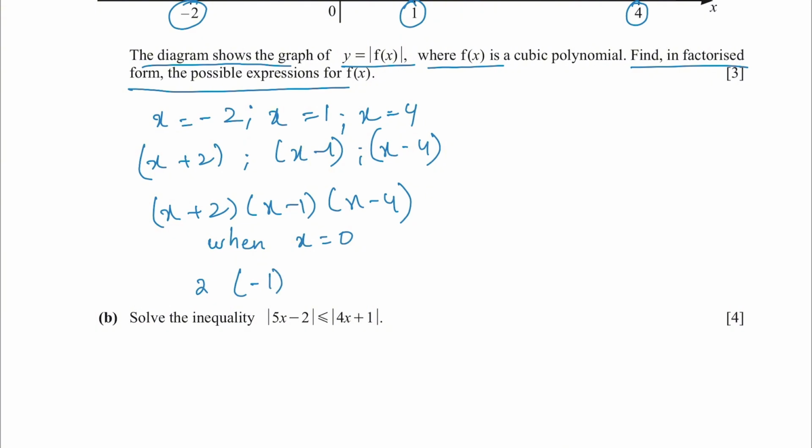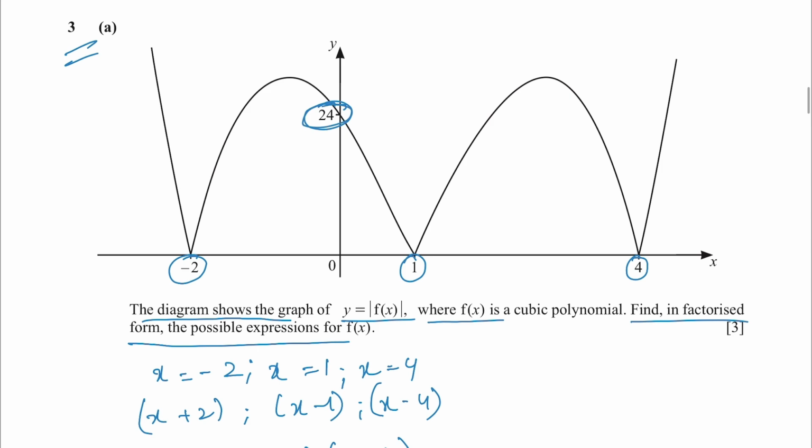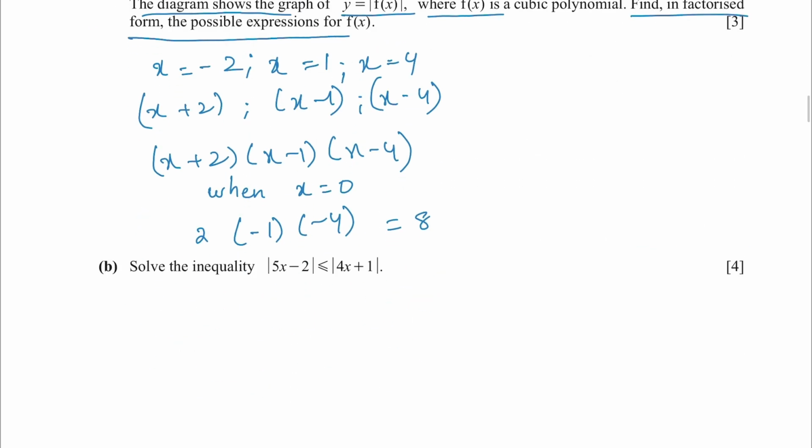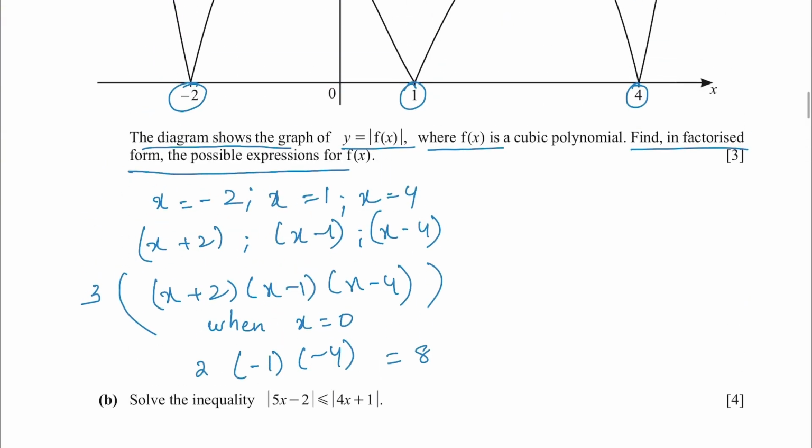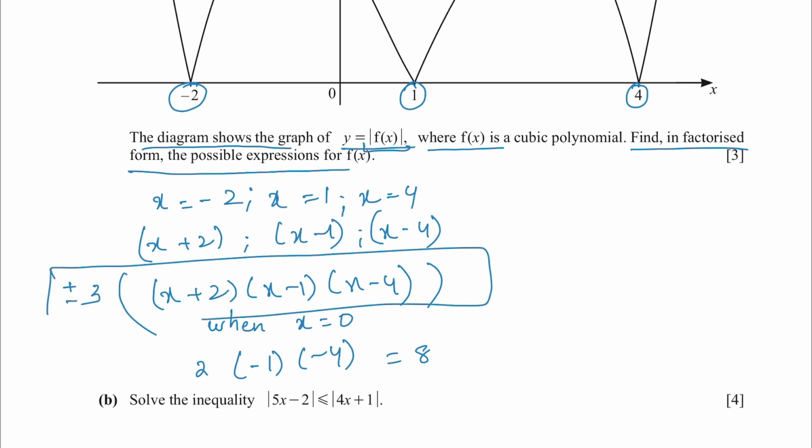So we get our answer as 2, negative 1, negative 4. We get it as 8. But it was 24 basically. So this function is basically multiplied by 3. But since it has modulus, it can be either plus 3 or minus 3. Alright, so this is our final answer.